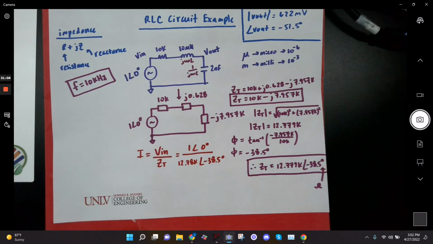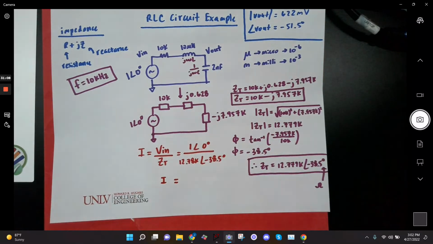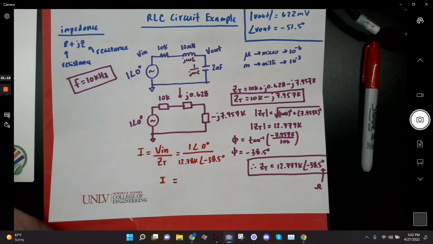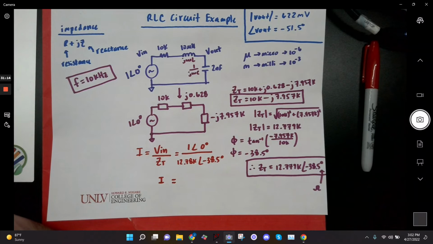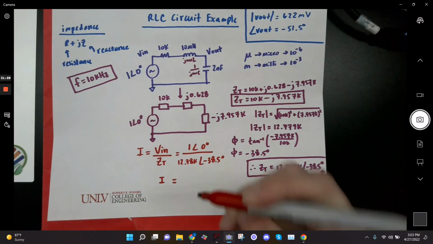It'll be positive 38.5, right? Because I'm doing 0 minus negative 38.5. So 1 divided by 12.79, I get 0.78 micro. Nope, 78 micro. 78.2 micro.